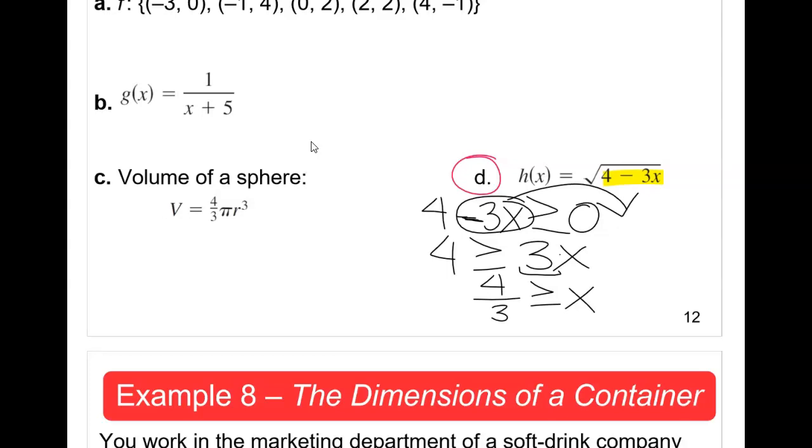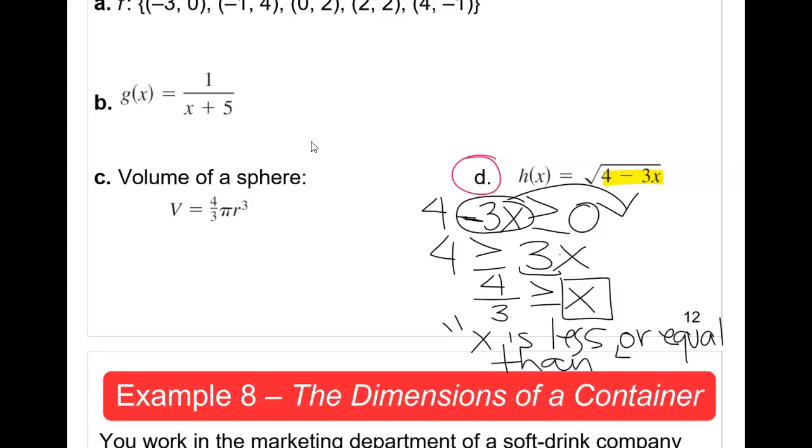So I can read this from left to right, but it's better if you read from the variable. So this says x is less than or equal to 4/3. And so with that, if we draw this on the number line, we have 4/3 here.